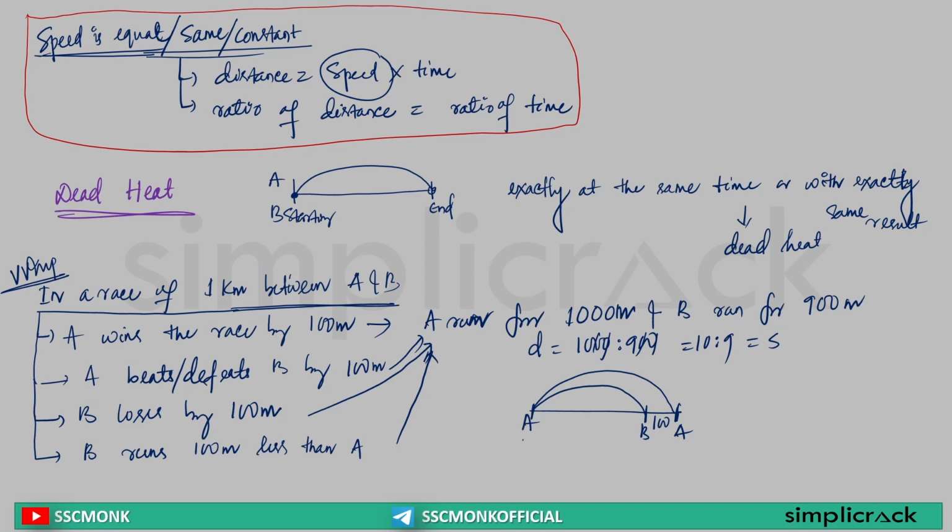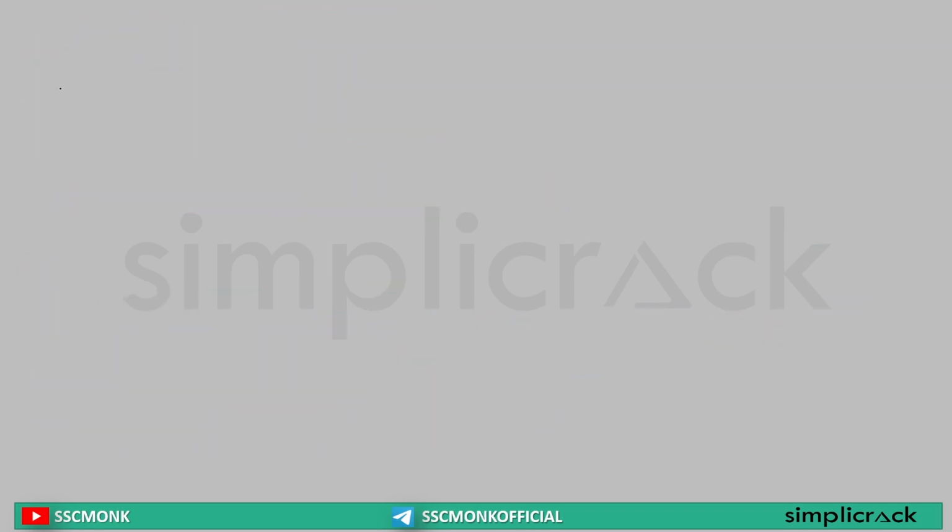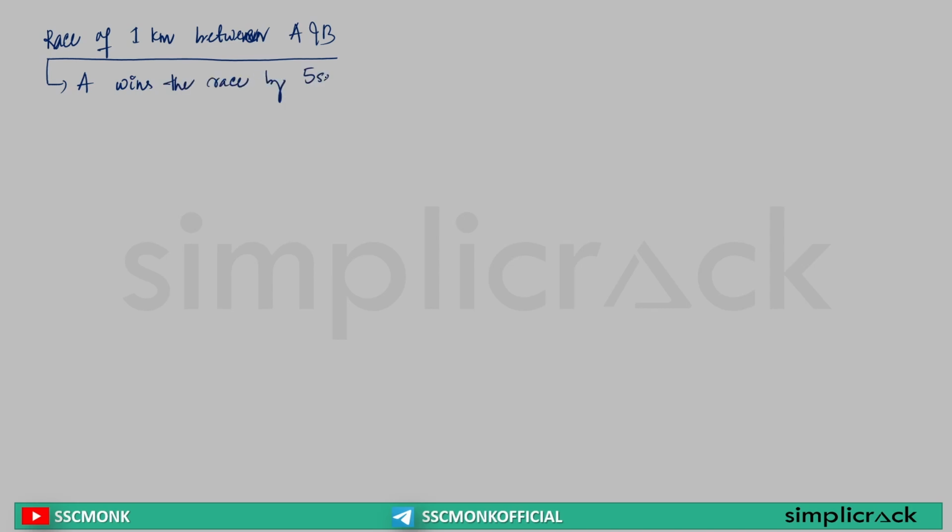Next, if it is a race of 1 kilometer between A and B, the first thing it says is A wins the race by 5 seconds.